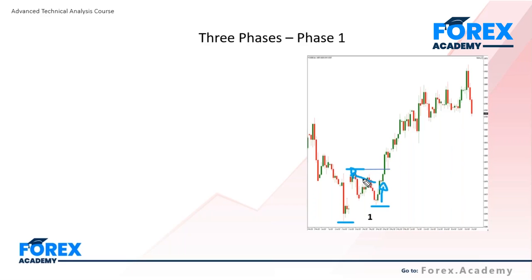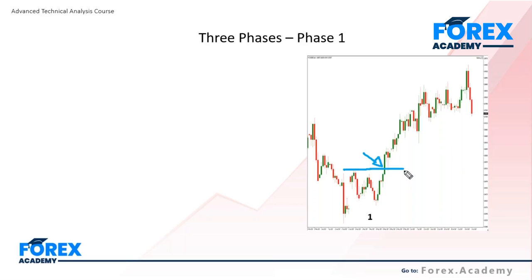The fact that the market then eventually breaks above this level perhaps tells you some important information. What we can then conclude once we break above this level, we saw earlier that confirmed a reversal to an uptrend from a downtrend. We can then come to the conclusion that we have completed phase one of a trend.